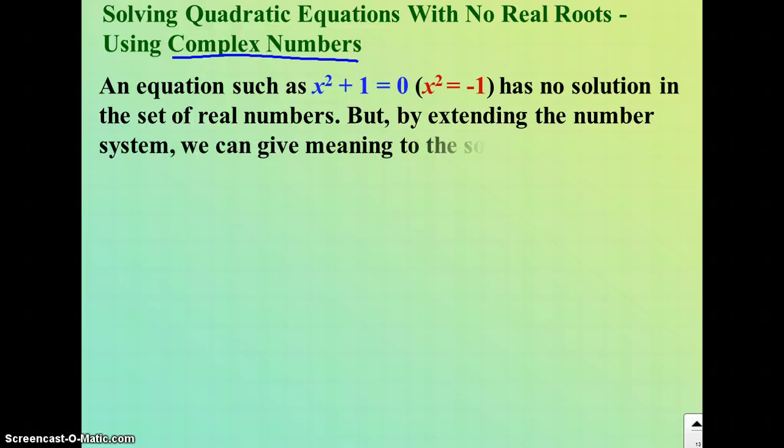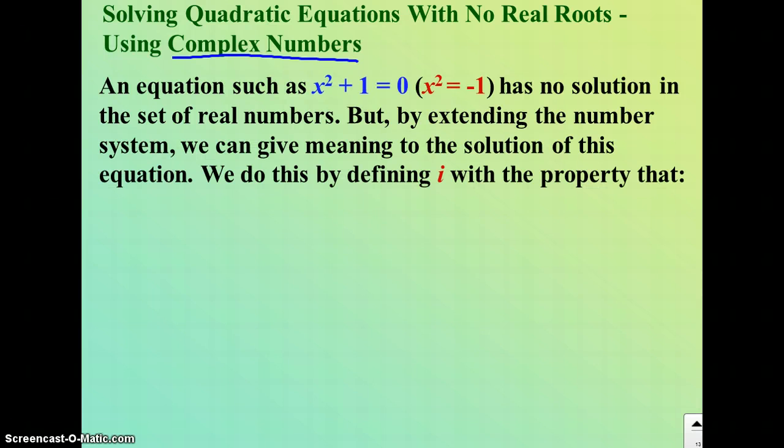But by expanding the number system, we can give meaning to the solution of this equation. We do this by defining i with the following property. i squared equals negative 1, which can never happen. I can't square a number to get negative 1, so that i is an imaginary number. Or if I take the square root of both sides, the imaginary number is the square root of negative 1.